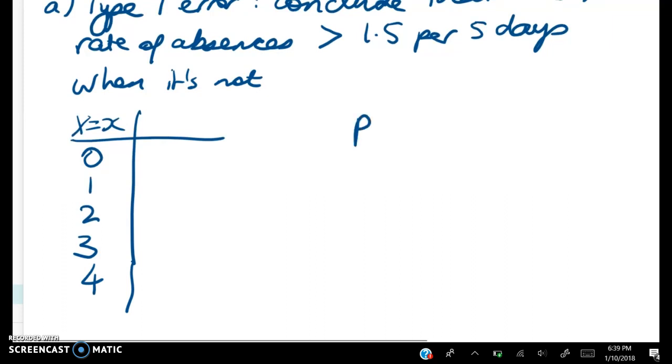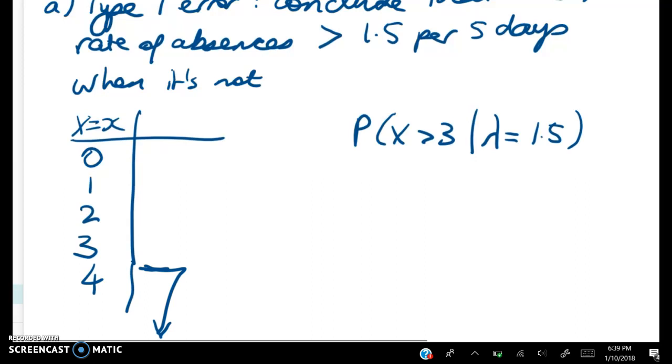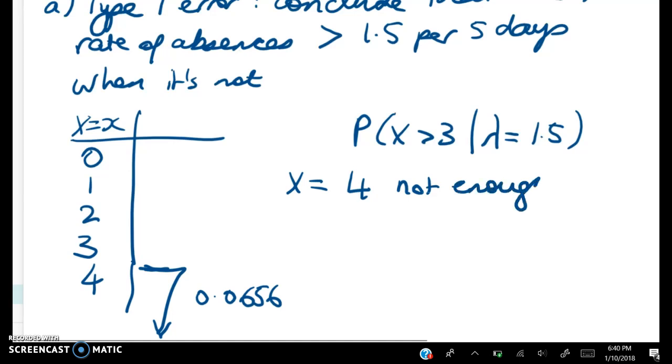So we found above that the probability of x being greater than 3 when mu equals 1.5 gave me a total of 0.0656. So if we get 4 absences, that's not enough to reject.